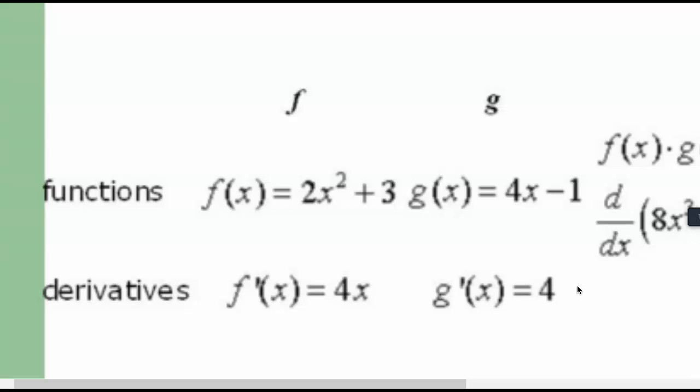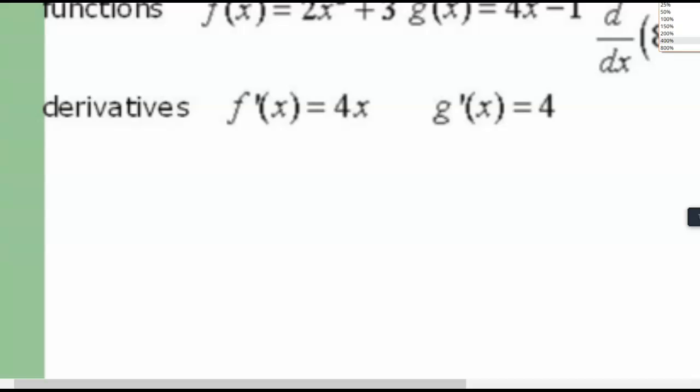So what we want to do then is answer the question at hand, which is: is the derivative of two things multiplied together the same as the derivative of their derivatives multiplied together?